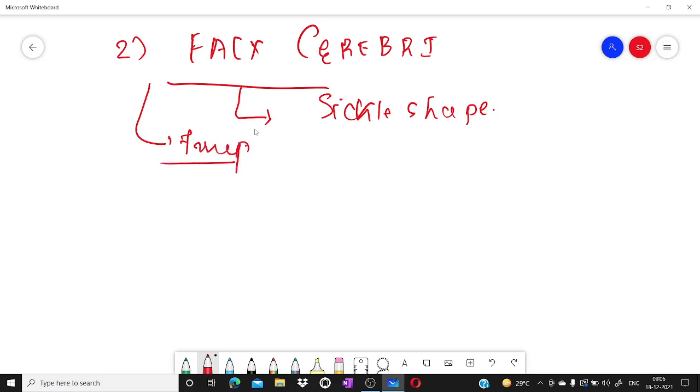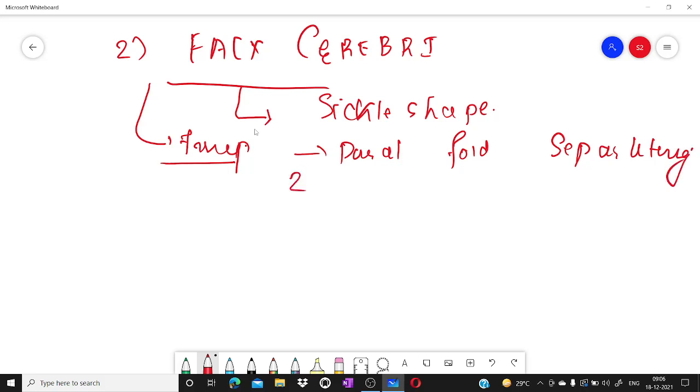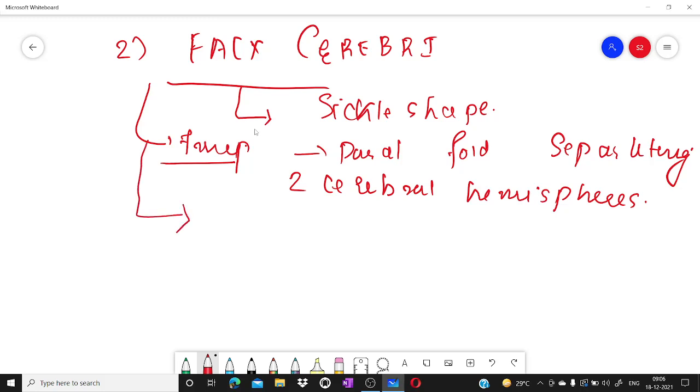The importance is that it is a dural fold which is separating the two cerebral hemispheres. So what is the attachment of this falx cerebri? We will see that now.